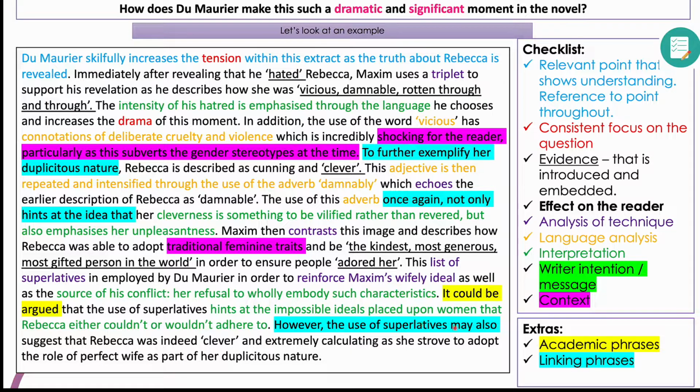However, the use of superlatives may also, so I've got a lovely linking phrase, I'm carrying on this idea. Look how many times I've gone back to this idea of superlatives. So I'm really developing and layering the analysis of this technique. It may also, quite tentative, suggest that Rebecca was indeed clever and extremely calculating as she strove to adopt the role of perfect wife as part of her duplicitous nature.